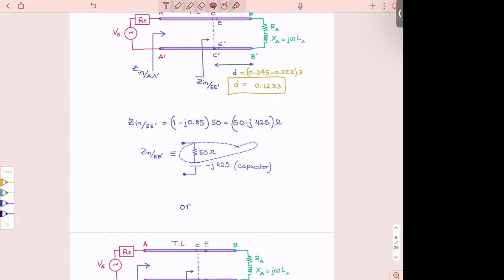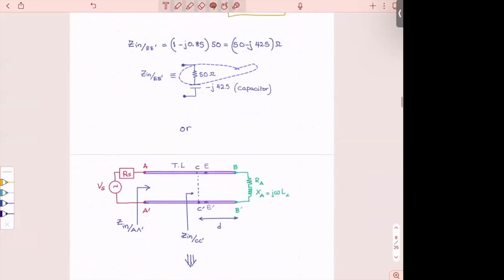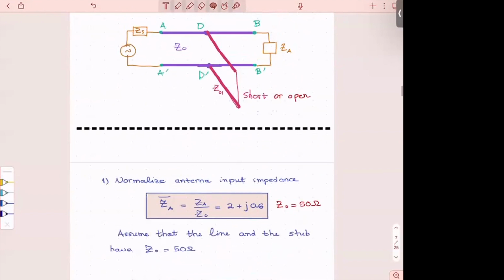We'll go to that one. But do you remember from the transmission lines with loads that we did at the end, what kind of a load in a section of a transmission line gave us an input that is reactive only? Open or short? Remember that. When a transmission line is terminated in an open or a short, it gives a reactive load. And here I'm going to make a parenthesis, and then I will put the stubs down here.